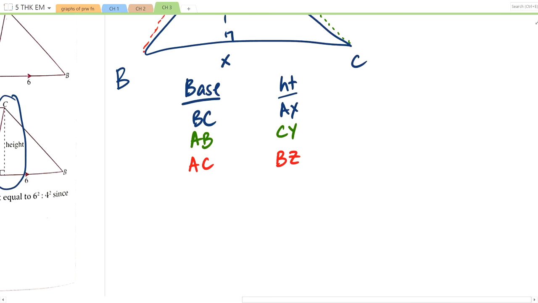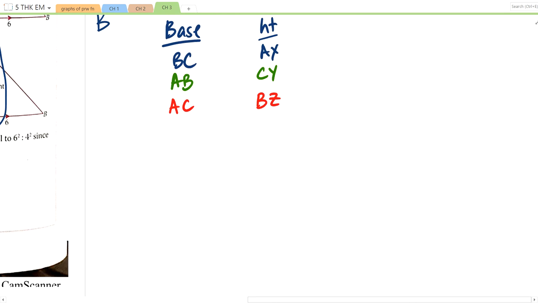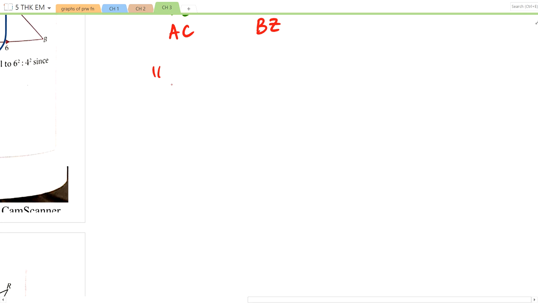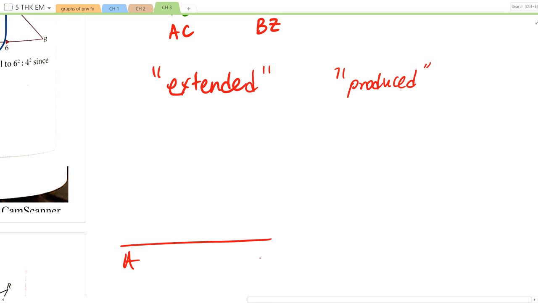Now I want to tell you something that is also important: the word extended and the word produced. Listen carefully. A, B, C, I join them up.